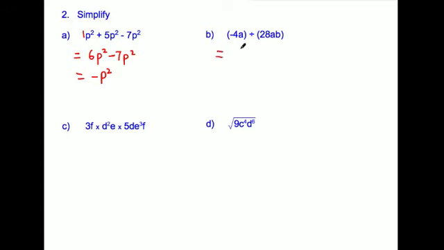In division, we need to write it first as a fraction so that we can see what is in the numerator and what is in the denominator. Next, we cancel out the common factor of the numbers, giving us 1 over 7. A is common and B is in the denominator.